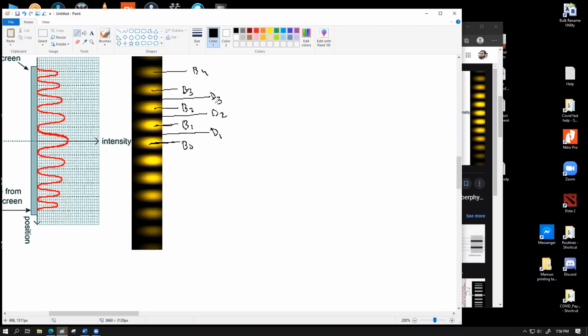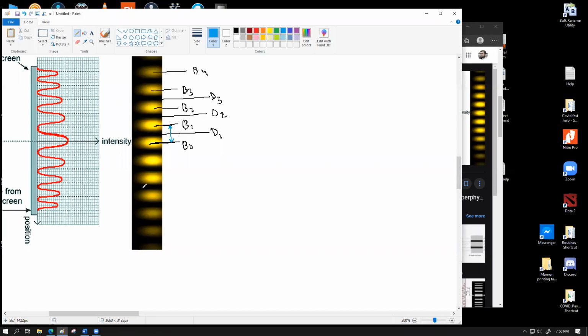By definition, the separation between two fringes means the gap between two bright or two dark fringes. So I can say that this much length is what we mean as the thickness of one dark fringe. One dark fringe starts from the center of a bright fringe and finishes at the center of the next bright fringe.